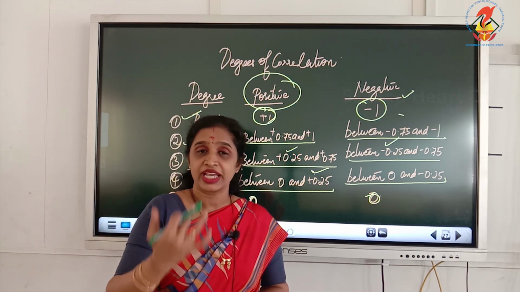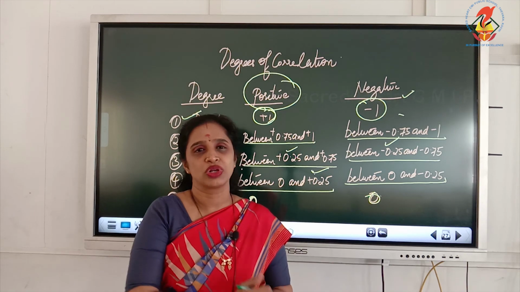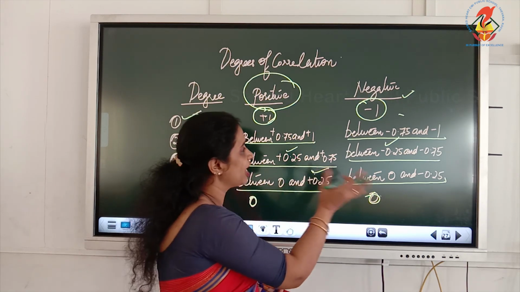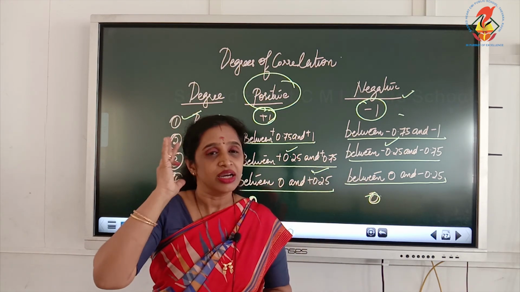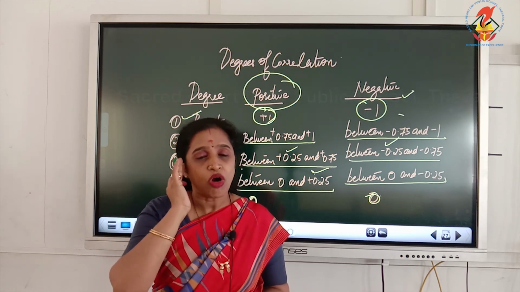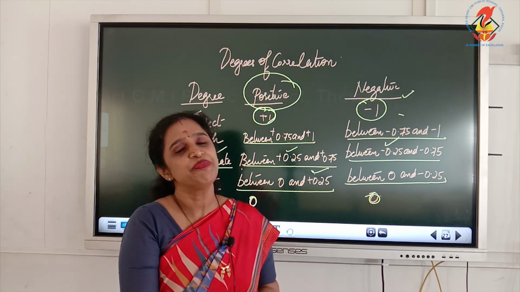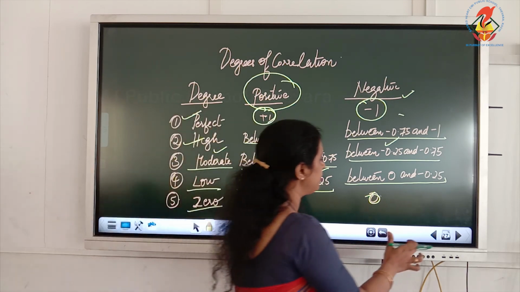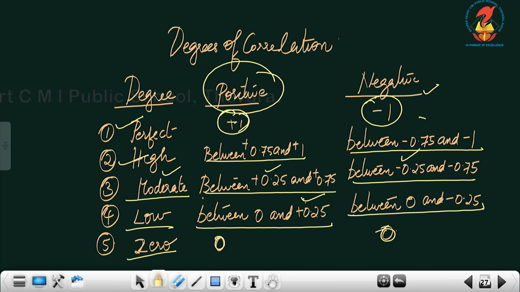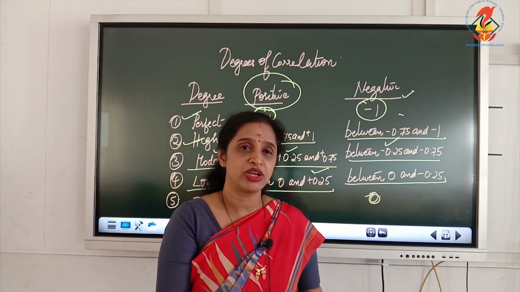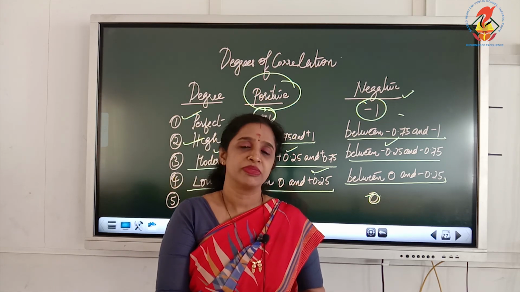If it is negative, you can write negative moderate correlation. So, depending on the values, you have to learn the table very well, and on the basis of the table you have to write the comment when you get the answer, because the question will be what kind of a correlation, what degree of a correlation exists between the two variables. So, after finding out the answer, you have to write down the comment based on that.